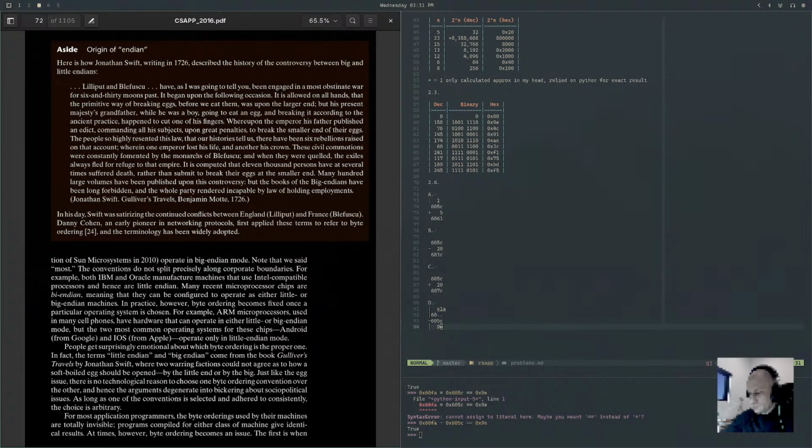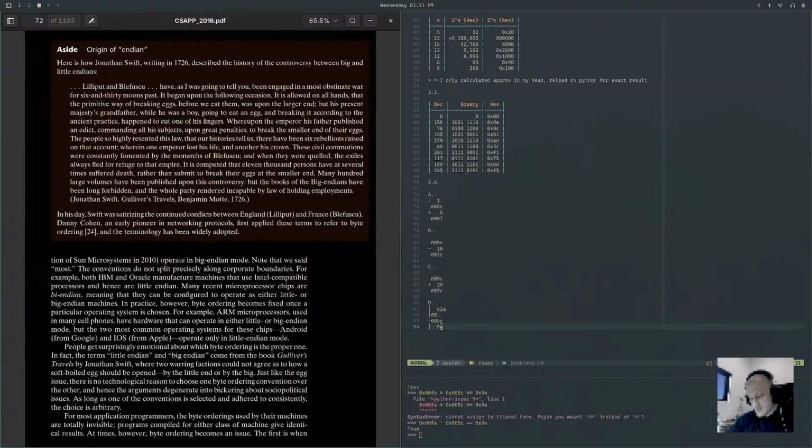It is computed that 11,000 persons have at several times suffered death rather than submit to break their eggs at the smaller end. Many hundred large volumes have been published upon this controversy, but the books of the big Indians have been long forbidden, and the whole party rendered incapable by law of holding employments.